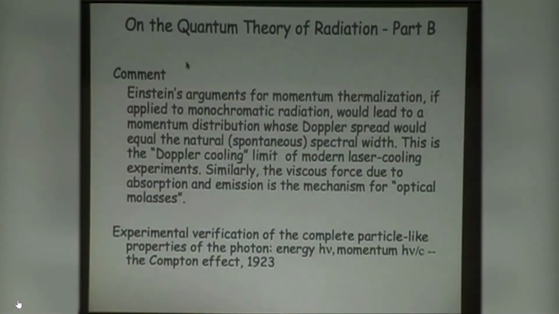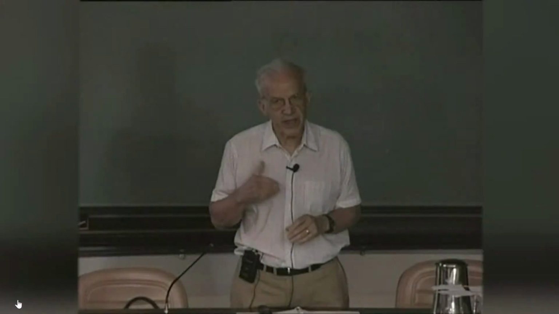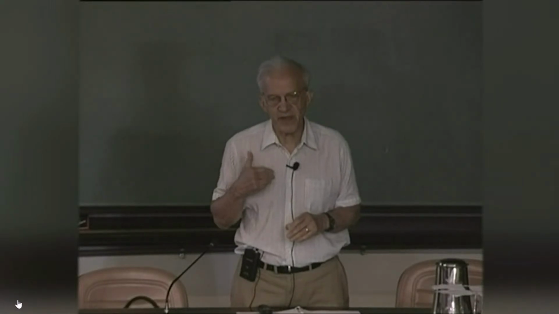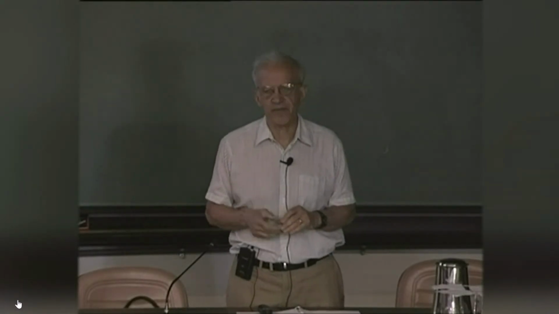Now, his arguments for the interactions of atoms with the field pointed out that for the atoms to have their Maxwell-Boltzmann distribution, the field has to be the Planck field. If one assumes that the atom distribution was essentially monochromatic, you would end up, by these arguments, showing that the radiation field had to be essentially monochromatic.